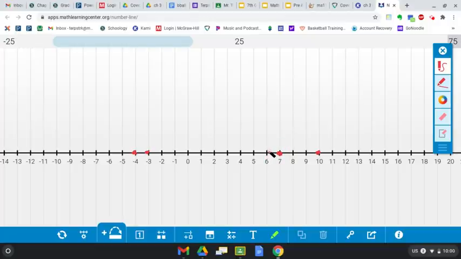If I were to want to order these from least to greatest, I would start over here with -4, and then -3, and then 7, and then 10. So -4 would be the smallest, 10 would be the greatest in that set of numbers.